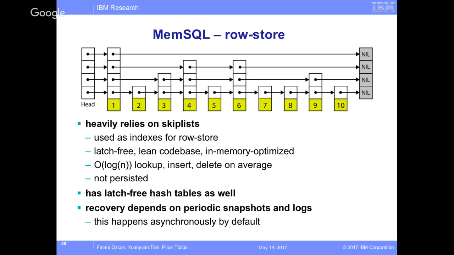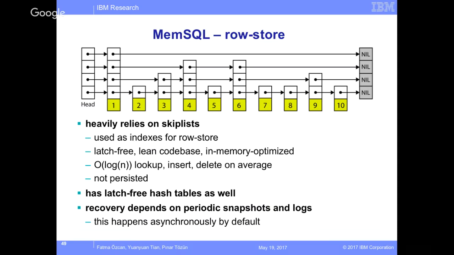It has a very lean code base, so your lookup statements don't end up with a huge instruction footprint like they would in a traditional B tree, and it can also be accessed in a lock-free fashion. And it has logarithmic time complexity for lookups, inserts, updates, and so on.